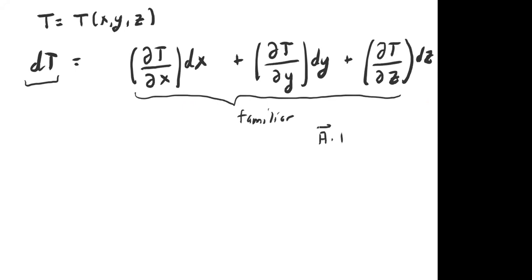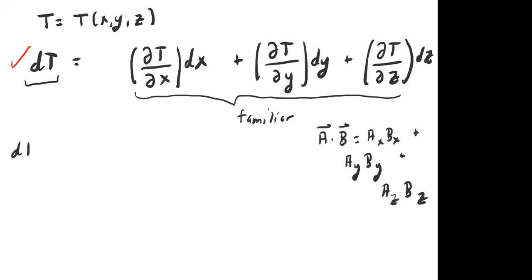When you take the dot product of two vectors A and B, you get A sub x times B sub x plus A sub y times B sub y plus A sub z times B sub z. So this equation here, especially the right-hand side, looks almost like a dot product. The question is, what is it a dot product of?